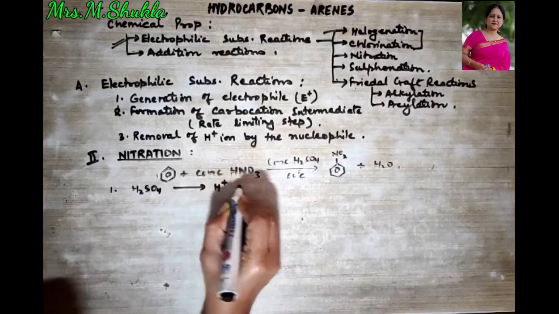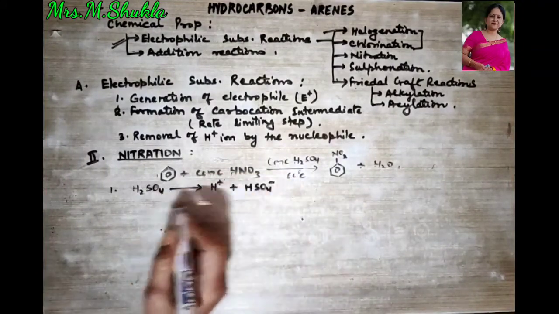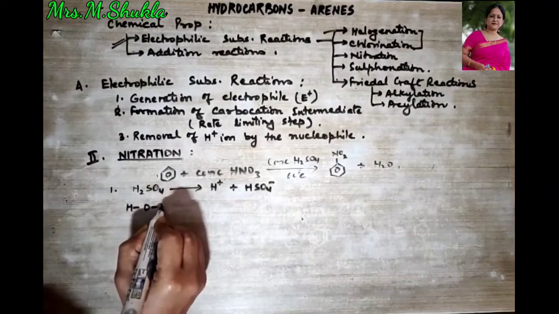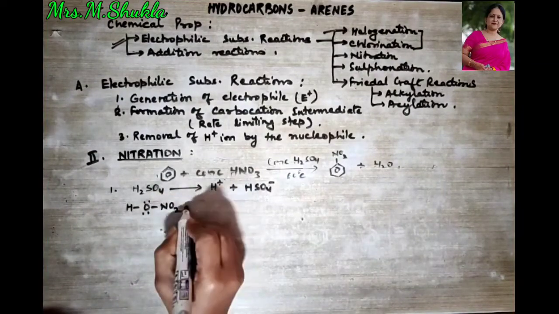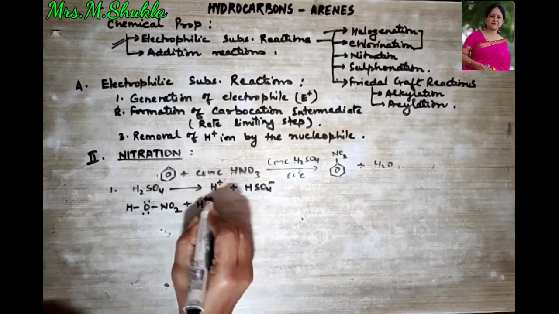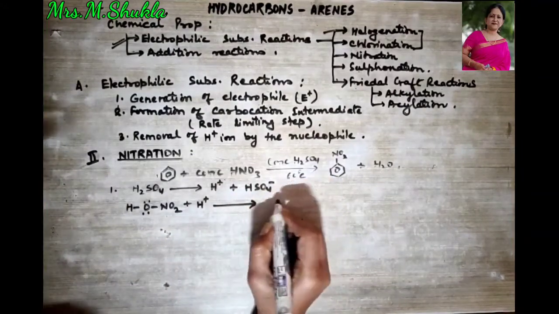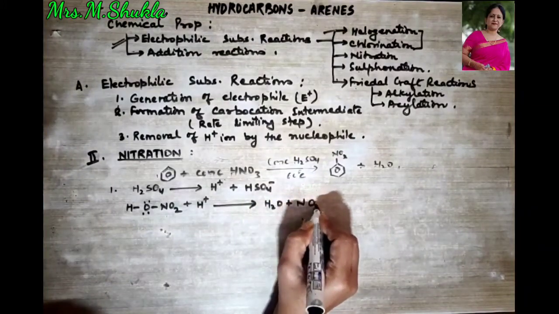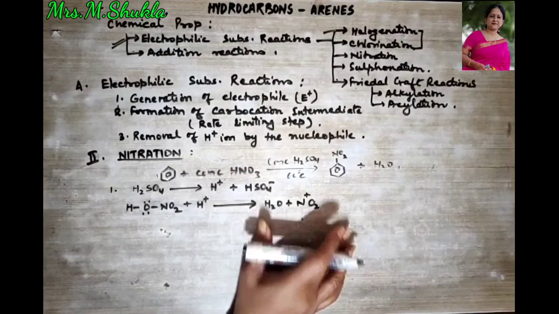It forms H+ ion plus HSO4 minus. Now this HNO3 could be written like this: HNO3 with a lone pair combines with the proton over here and it is now going to give us an electrophile. So let us see the electrophile formed over here. It is NO2 plus, right? So this is our electrophile that is formed.